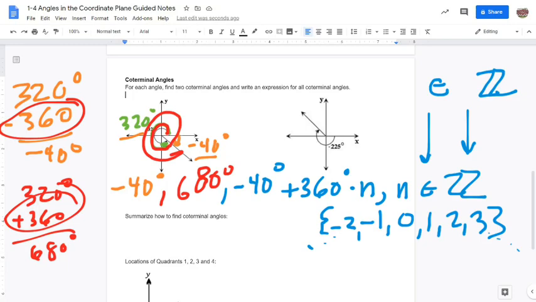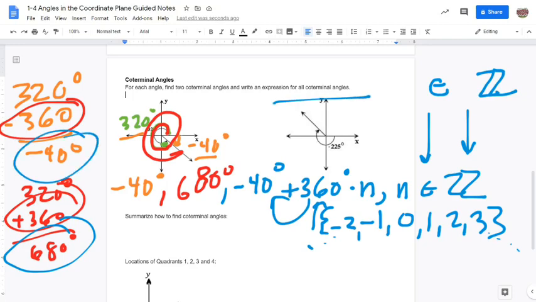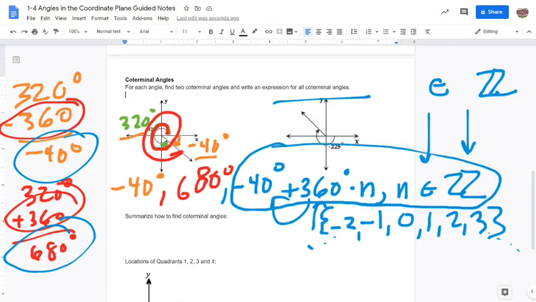If you add any multiple of 360 to -40, like 2 times 360, or 4 times 360, or -10 times 360, and add it to -40, we'll get one of these coterminal angles. So that's how you express all coterminal angles. You take the original angle, and then add 360n, and make sure n is an integer. All right, in the next video, I'll go over example 2, so if you want to try it on your own, do so before you watch the next video.